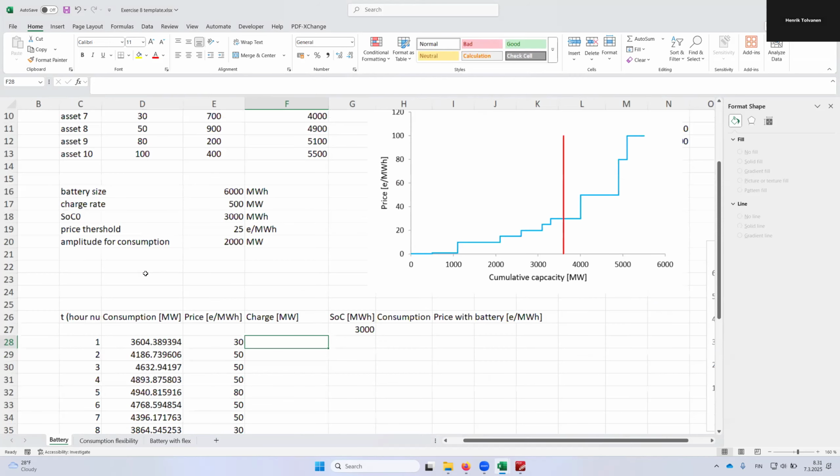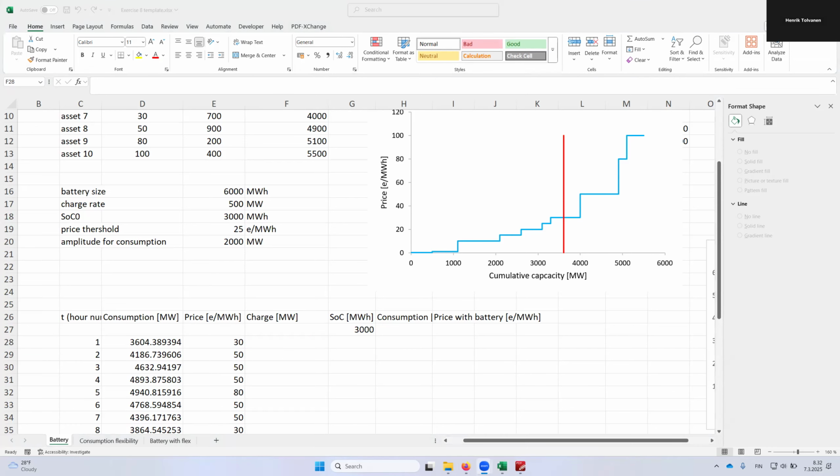We can determine, as before, different strategies for charging and discharging the battery. And in this case, we're going to select the kind of simplest one of those, which is the price threshold. So that states that if we have a price below 25 euros per megawatt hour, we're going to charge the battery, and then if not, we're going to discharge it.